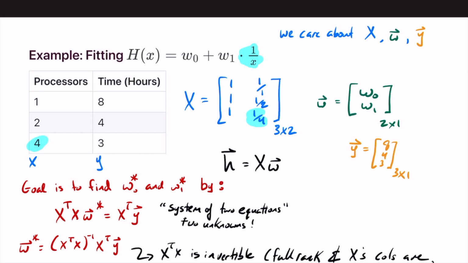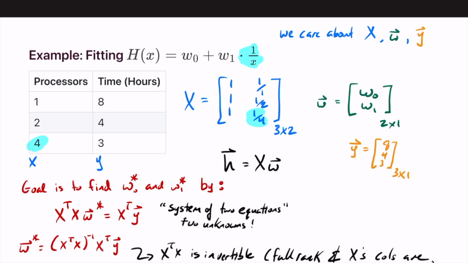So, we have this approach to fitting this hypothesis function, and it's the approach that we've been taking all along. This isn't entirely new to all of you, but it gives you an example of taking a data set and going through the motions of figuring out what these unknowns are and what we need to do in order to solve for these parameters.